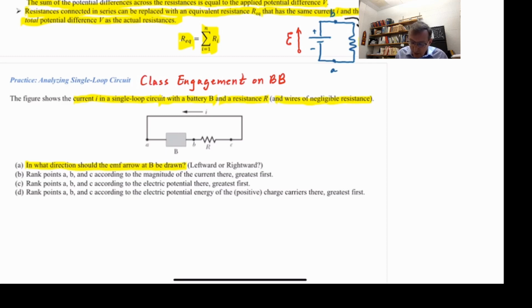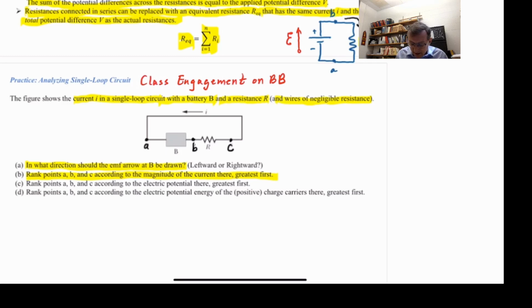Next, part B. You'll see there are 3 points labeled in the circuit diagram for reference. The point way over here is point A, the point between the battery and the resistor is point B, and the point to the right of the resistor is labeled point C. They're just points in the circuit. We are to rank those 3 points according to the magnitude of the current there, greatest first.